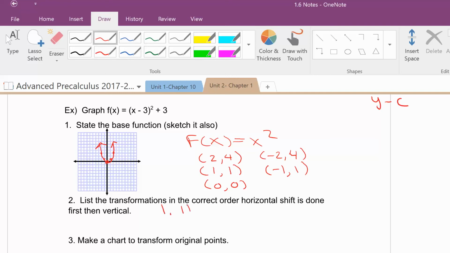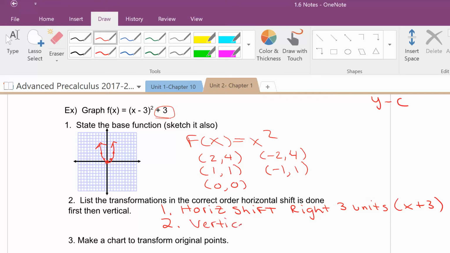So there's a horizontal shift here, and since it's minus, it's to the right 3 units. So we're going to take each x and add 3 to it. And then the plus 3 here means there's a vertical shift up 3 units. So we're going to take each y and add 3.